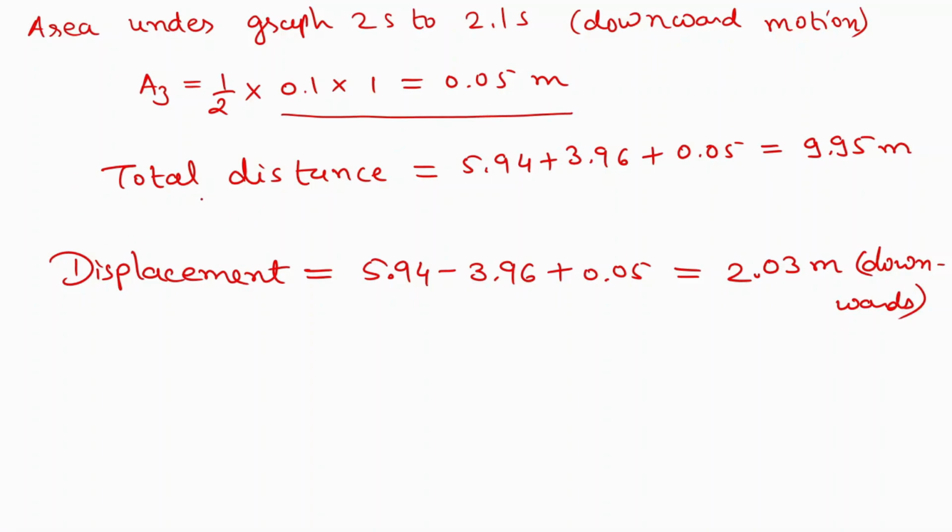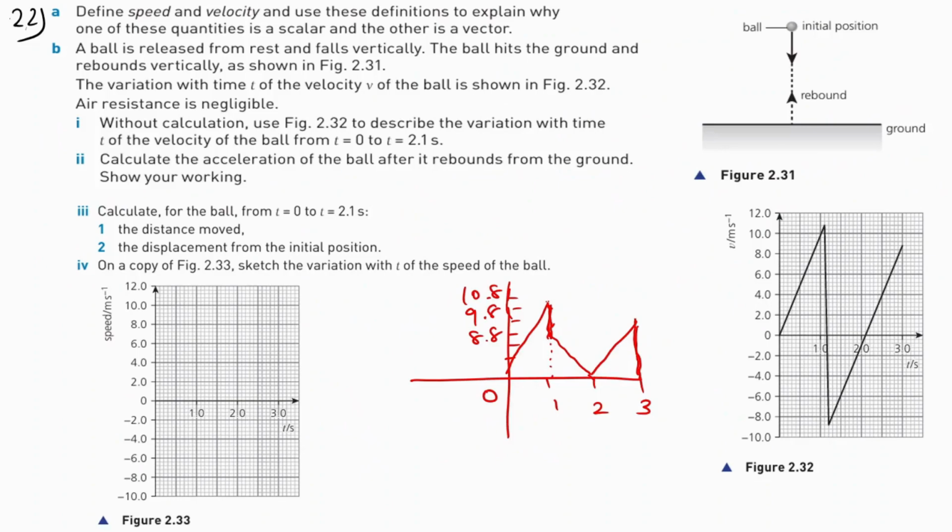Here, they ask for the distance and displacement. For the distance, we just add all the values. But in the case of displacement, it is a vector quantity, so you have to consider the value and direction as well.